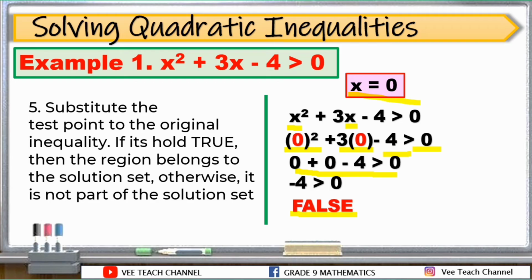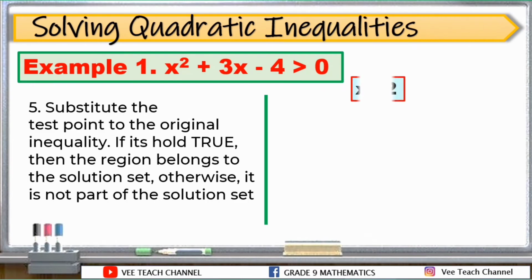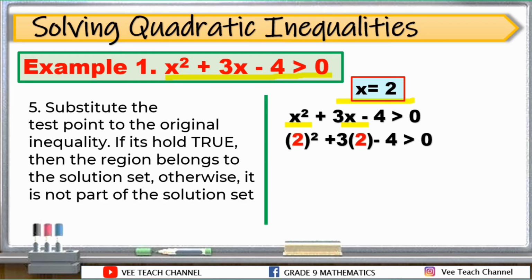Alright. Let's use the third one, that is our third test point. Ang kinuha nating test point is positive 2. Substitute positive 2 to our x. That's why we have 2 squared plus 3 times 2 minus 4 is greater than 0. Simplify. 4 plus 6 minus 4 greater than 0.